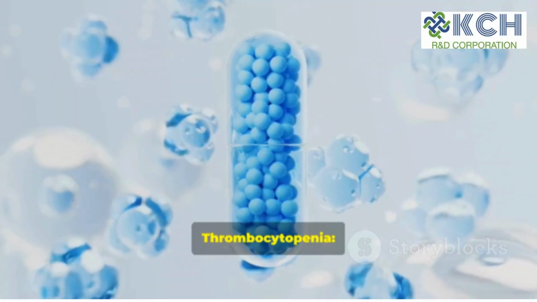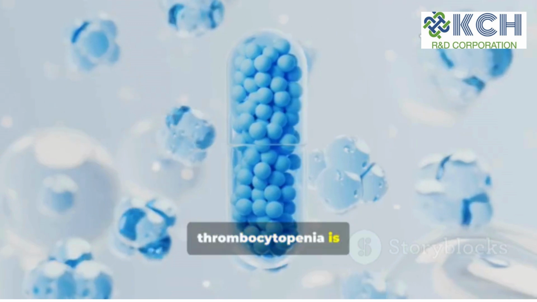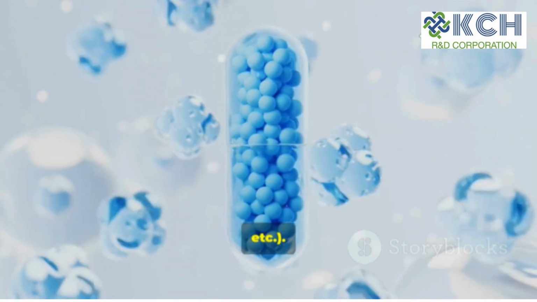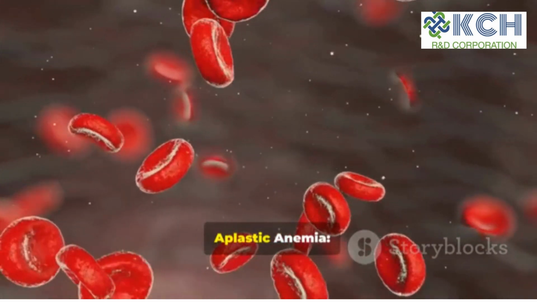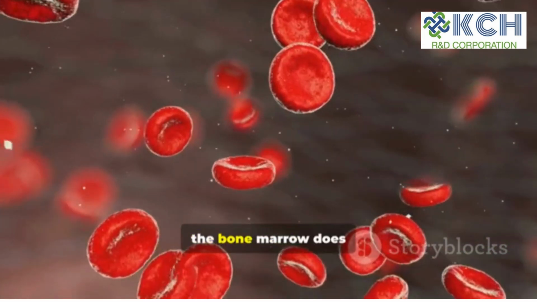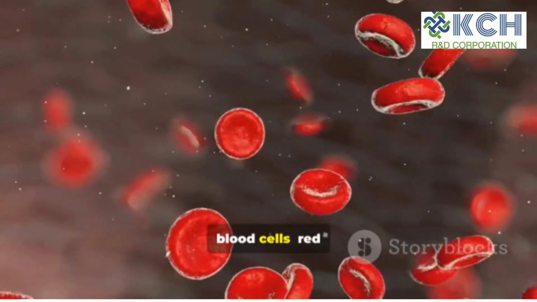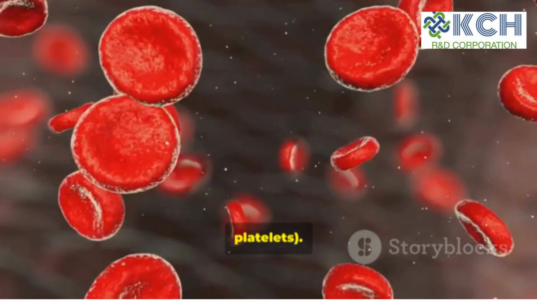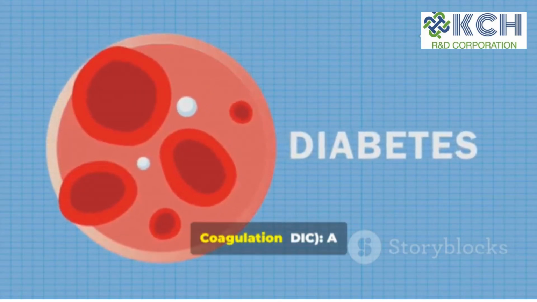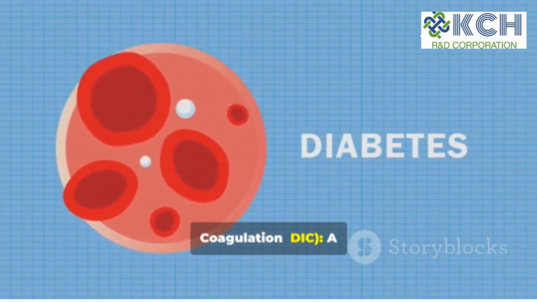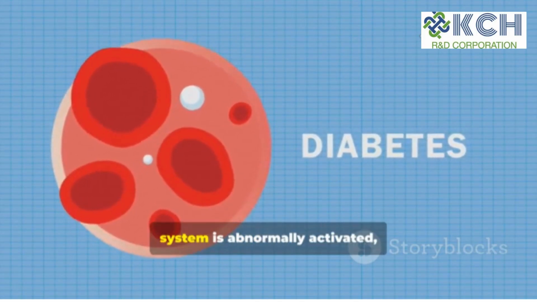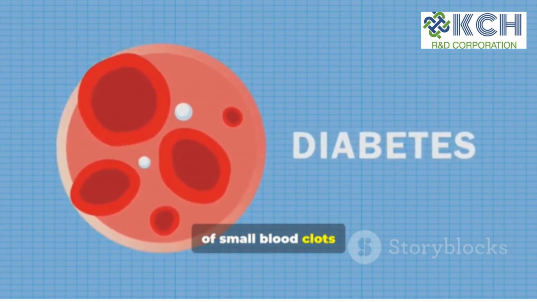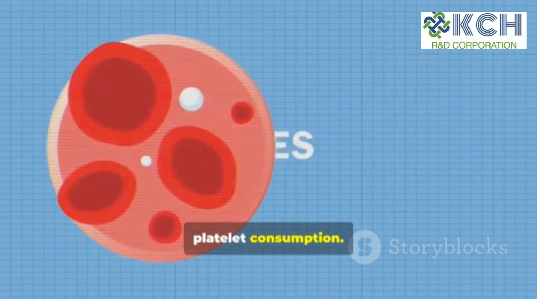Drug-induced thrombocytopenia, when thrombocytopenia is induced by certain drugs: heparin, quinine, sulfonamides, etc. Aplastic anemia, a disease in which the bone marrow does not produce enough blood cells: red blood cells, white blood cells, platelets. Disseminated intravascular coagulation, DIC, a disease in which the blood clotting system is abnormally activated, leading to excessive formation of small blood clots in the blood and platelet consumption.